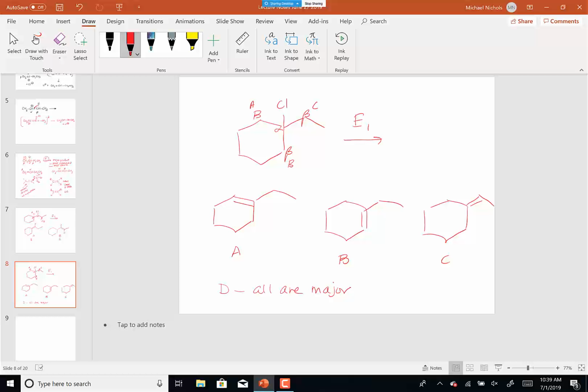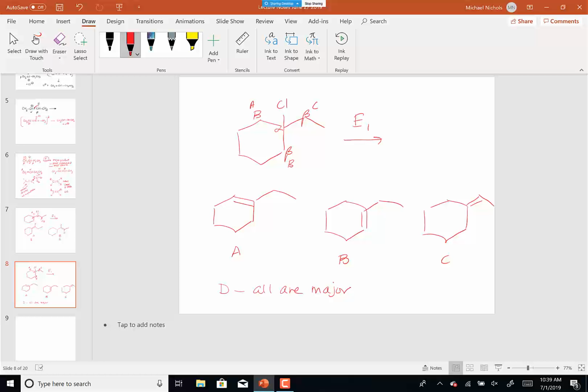All right, let's see what we've got. Oh, we've got 4 A's, 1 C, and 6 all are major. Okay, let's go through how many alkyl groups are attached to each one of these products.